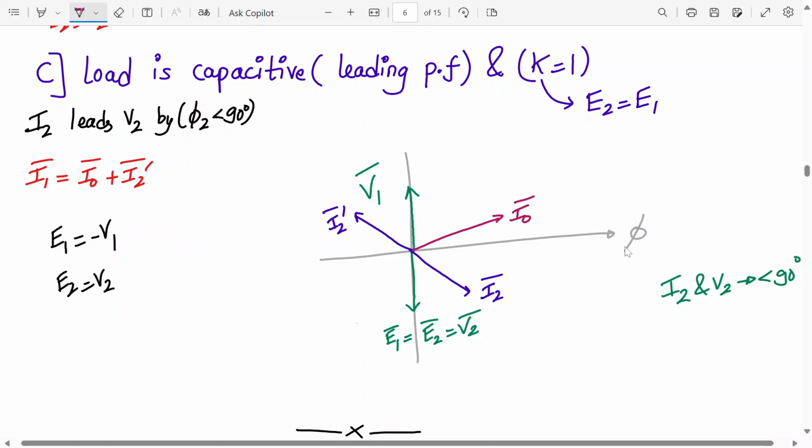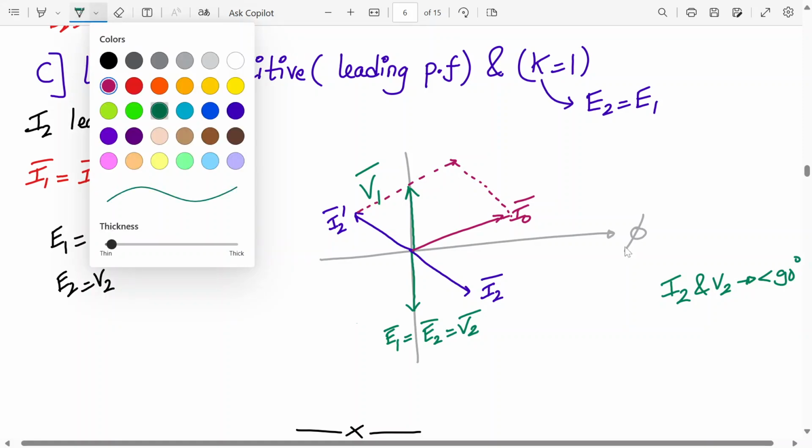So if I take the parallelogram now, where will this come?